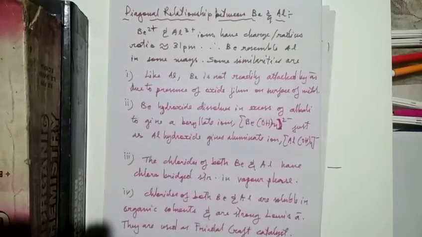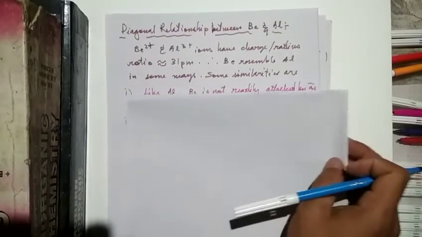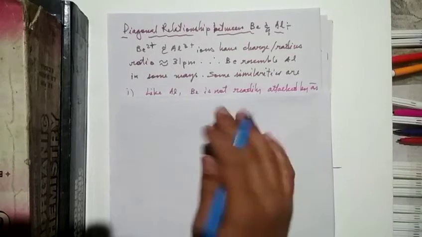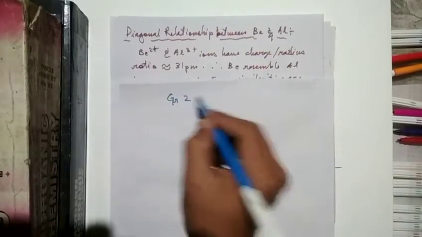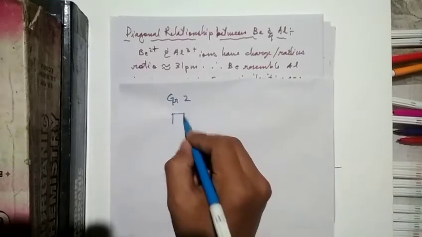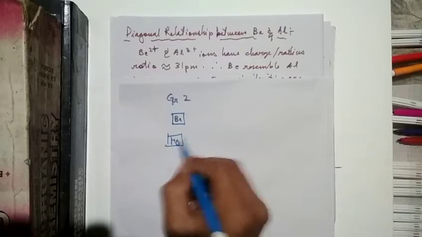Now diagonal relationship. Diagonal relationship is just a diagonal relationship in simple words. We see group 2 element beryllium, the next one is magnesium.